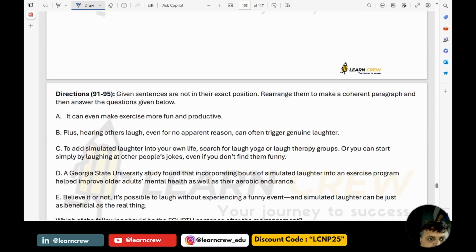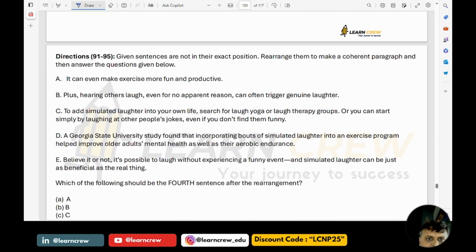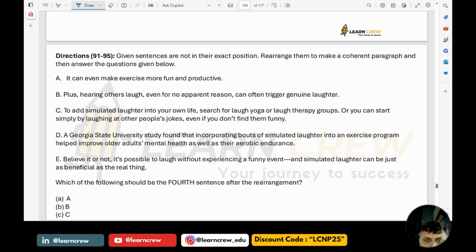Next, 91 to 95. The given sentences are not in their exact position, rearrangement. See the first one, 91: it can make exercise more fun and productive. Plus, hearing others laugh, even for no apparent reason, can often trigger genuine laughter.